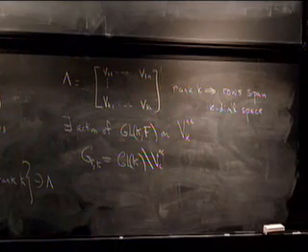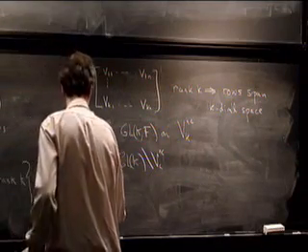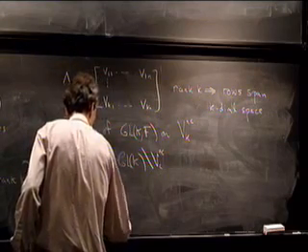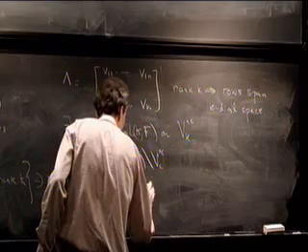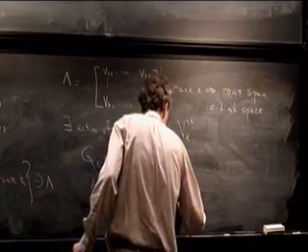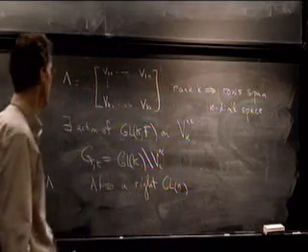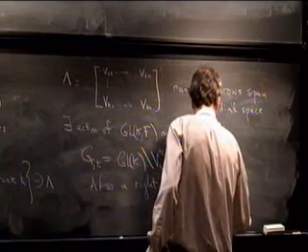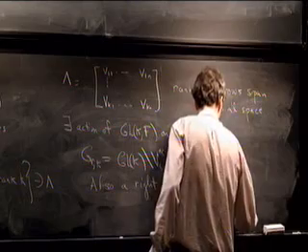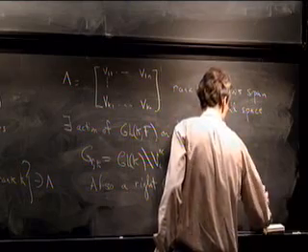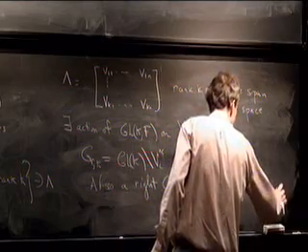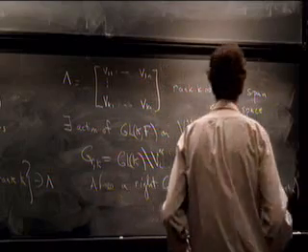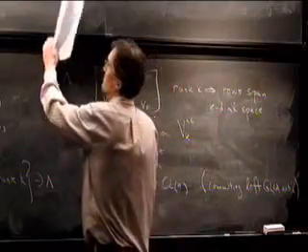Okay, now there's also a right GL_n action, or I'll write it as a commuting left GL action. Hope I don't confuse you by that. What I mean is the following.